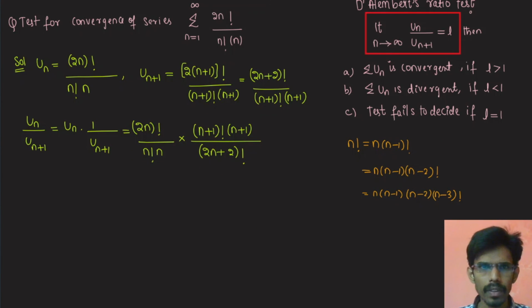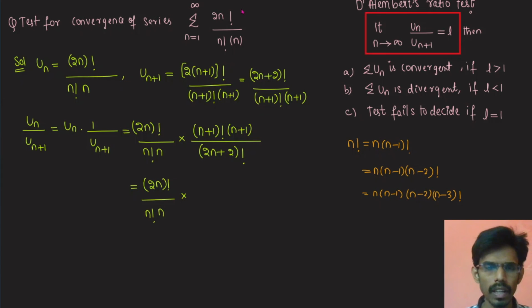Now this can be written as (2n)! as it is, by n! into n. Into this, (n plus 1)! can be written as n plus 1 into n!.